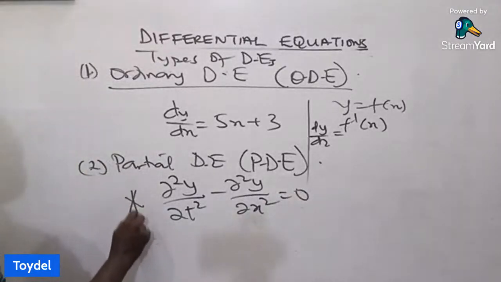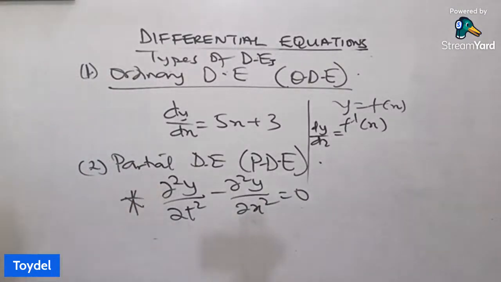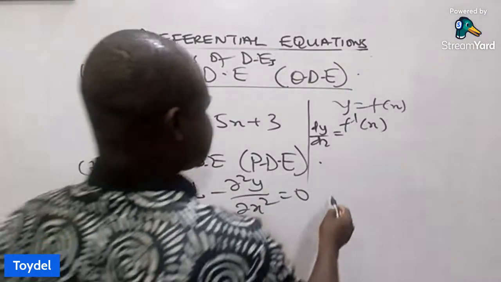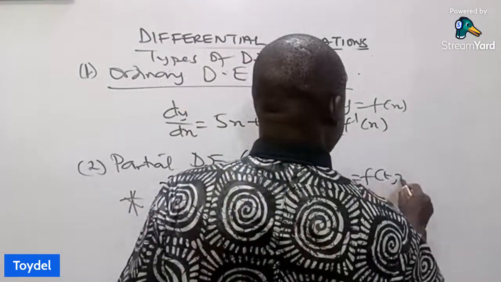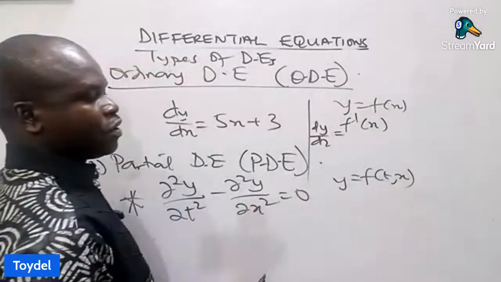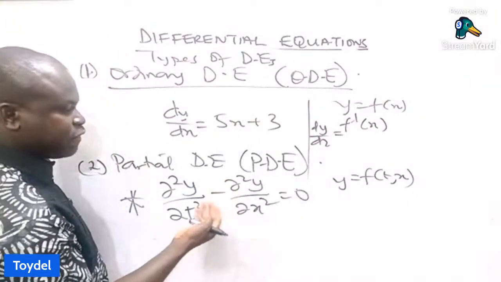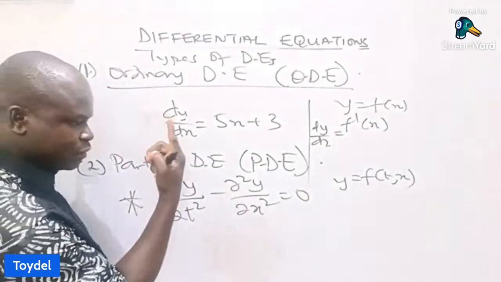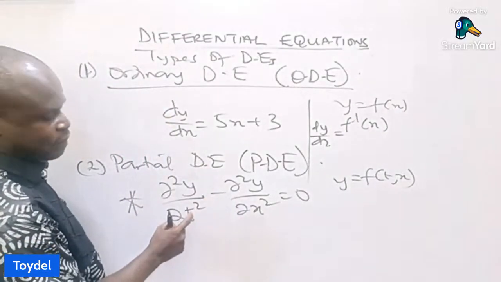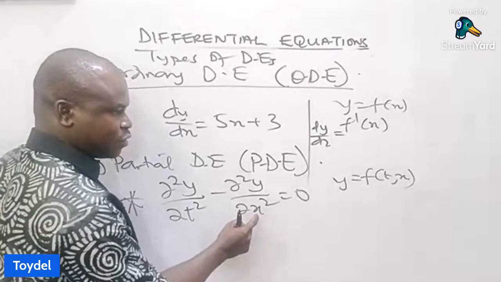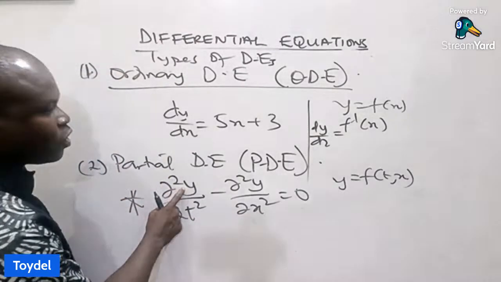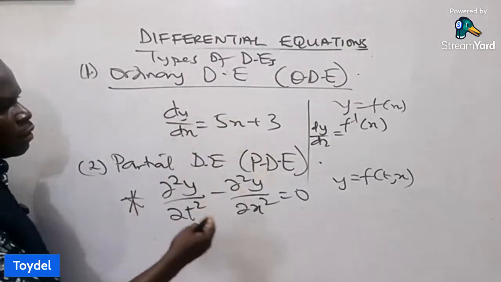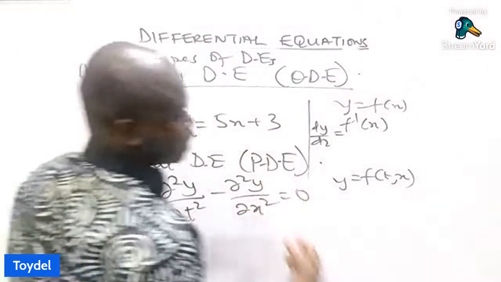When we look at this second example, you realize that y is a function of both t and x. So this second example is a function of more than one independent variable. t is an independent variable, and x is another independent variable. So when you have a differential equation in which the dependent variable depends on more than one independent variable, then it's called a partial differential equation.